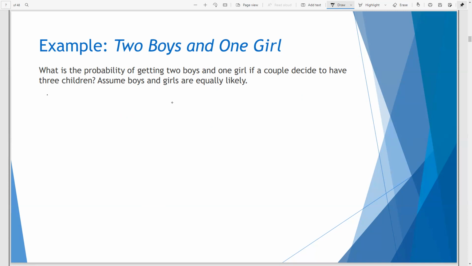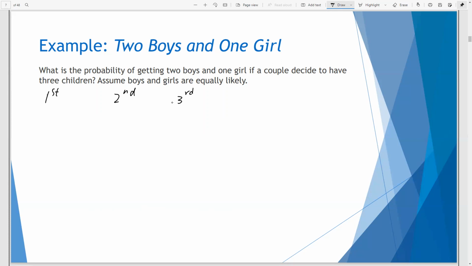So we have 3 steps: 3 kids. First baby, second, and the third, right? 3 newborn babies, newborn children, right?